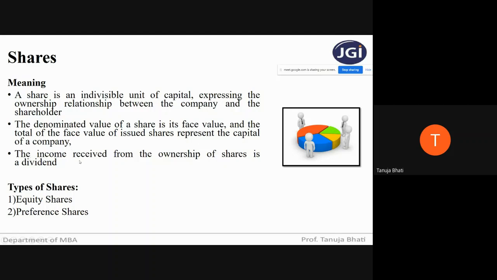The income received from the ownership of shares is the dividend. Types of shares that a company can issue are equity shares or preference shares. So in short, what this slide means is that any company who wants to raise its capital or finance can procure finance by issuing a share.